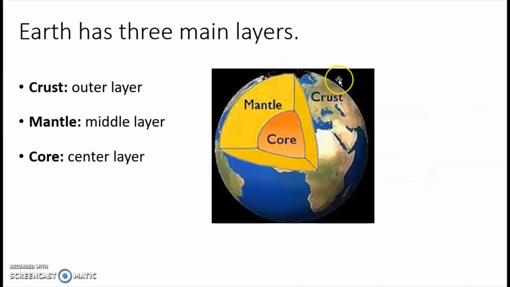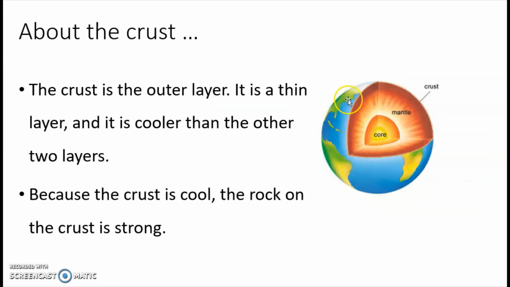We have the crust, the mantle, and the core. The rocks on the crust are not hot, so they're not melting. But the rocks in the mantle are melting, and the core is very, very, very hot.